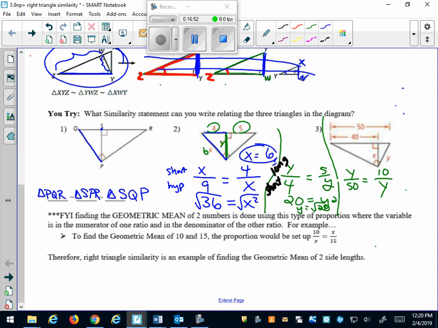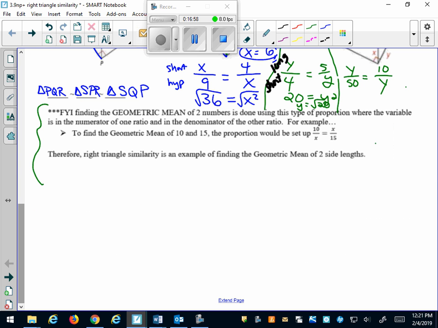We could keep going with that. This is a little FYI. There's something called the geometric mean. You guys know how to find the mean of 2 numbers or 3 numbers or 10 numbers or whatever, right? Add them up, divide by the number of numbers, right? That's the average. Another word for average is mean. So that's the mean that you're used to.